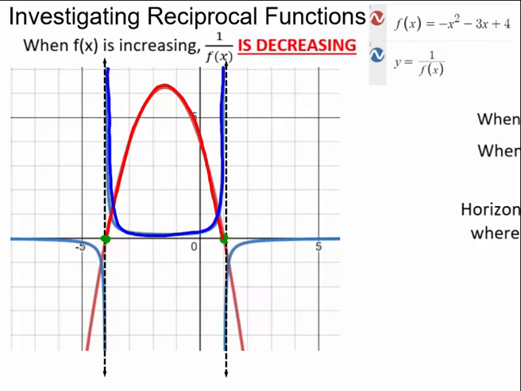I didn't state it, but similarly, the opposite is also true in the negative sections of my graph. Over here and over here, if my original was negative, my reciprocal is also negative.